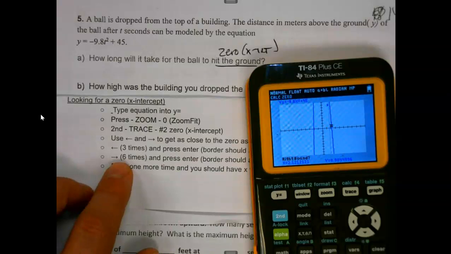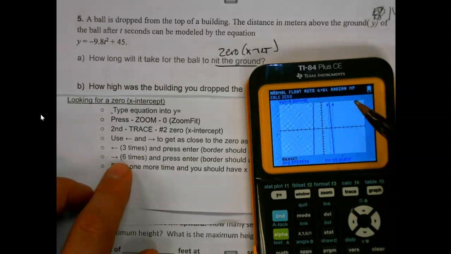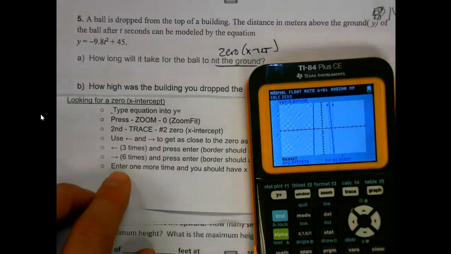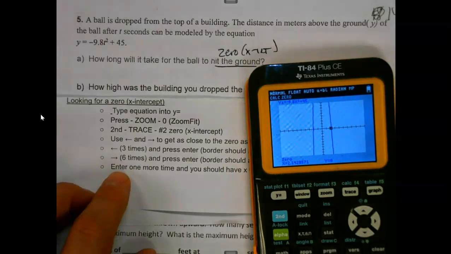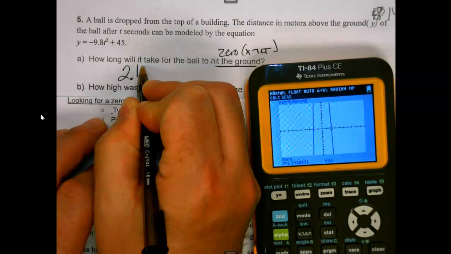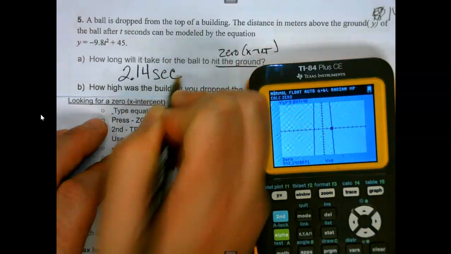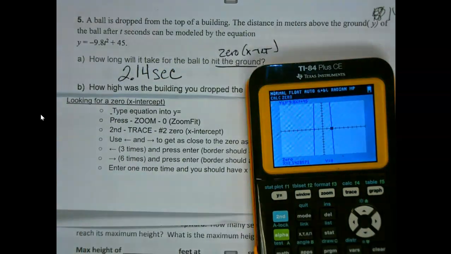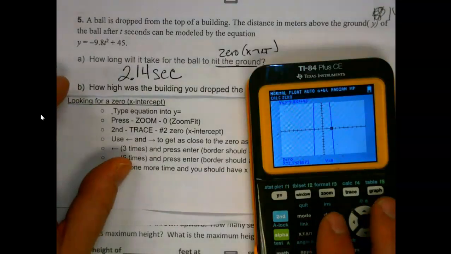Back where I started. 4, 5, 6. Enter. My boundaries are now set. Those little arrows are there. I hit enter one last time. And again, time is x. Whatever it says the x is going to be how long it takes.